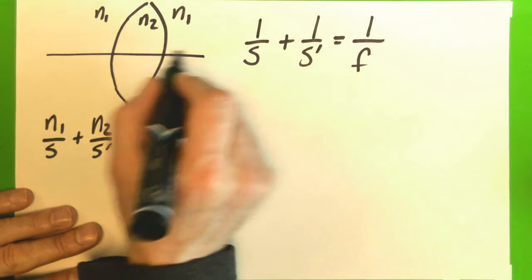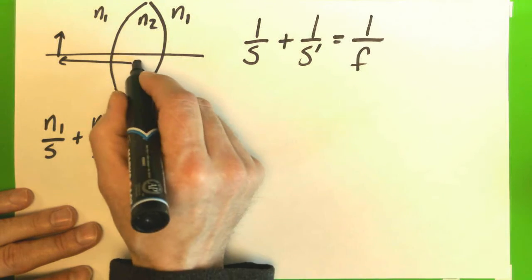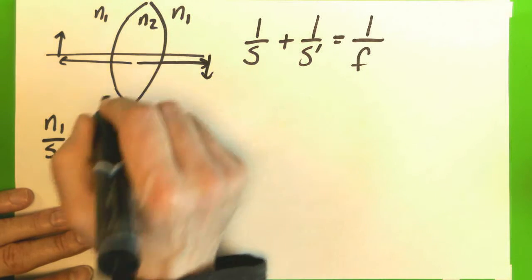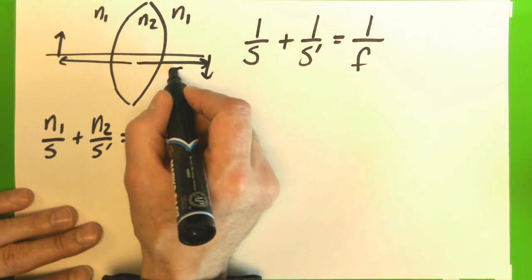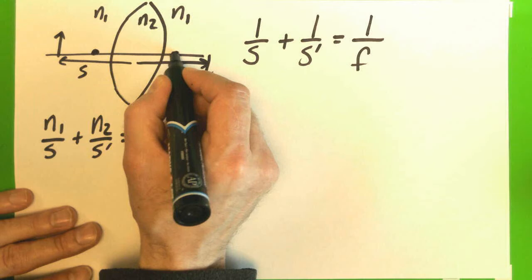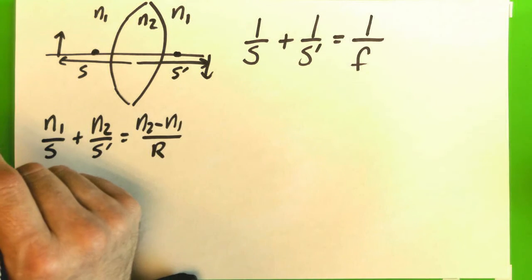So S would be the distance to the object, and S prime would be the distance to, if this was a converging lens, I'd get an inverted image, that would be the distance to the image. Okay? And F is these points that allow us then to use our ray tracing.